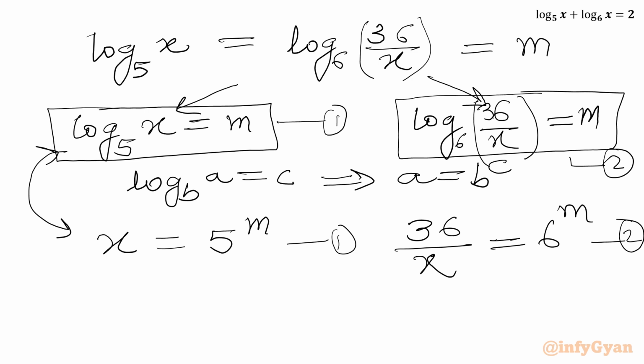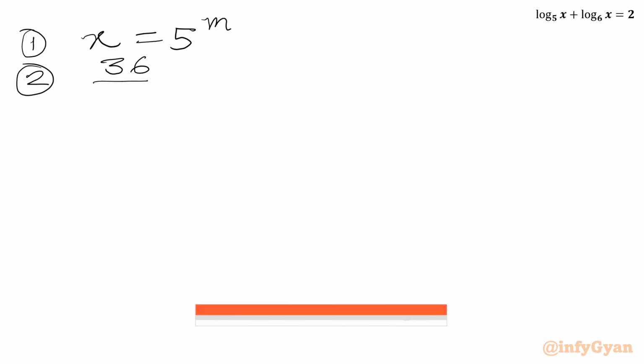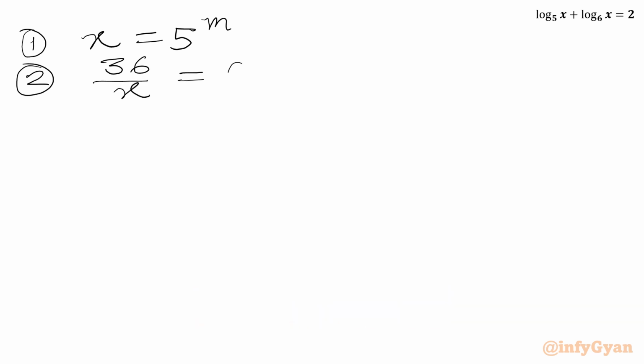Now I will multiply both the equations. So let me write here x equal to 5 power m, our equation 1, and equation 2, 36 over x equal to 6 power m. Let's multiply 1 times 2. So I will multiply LHS with LHS.